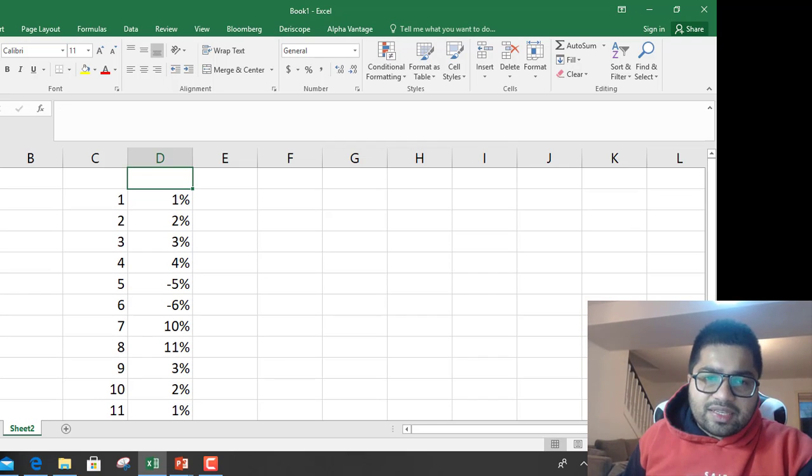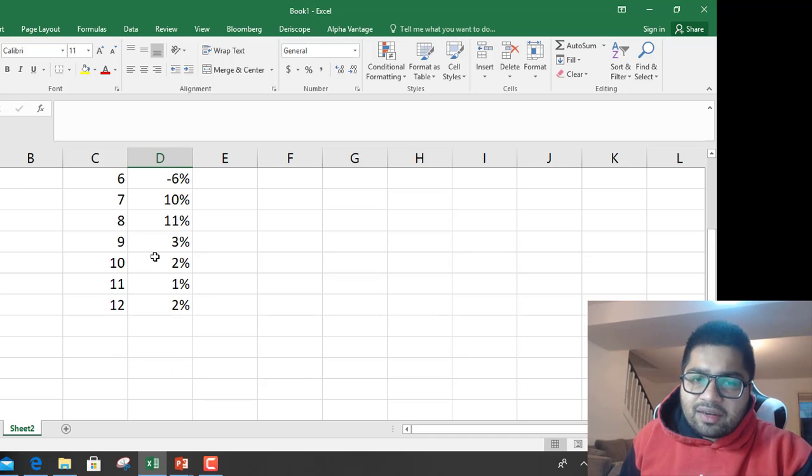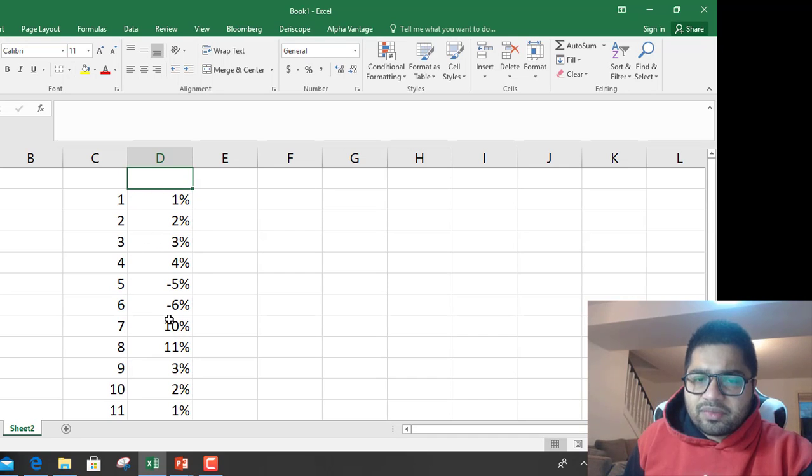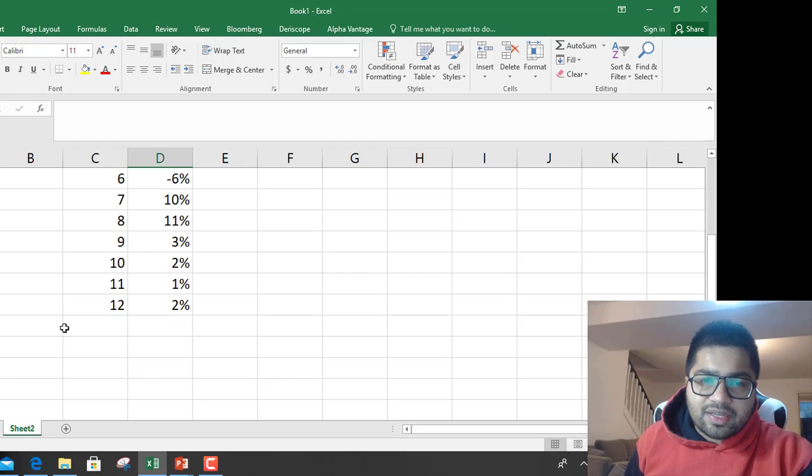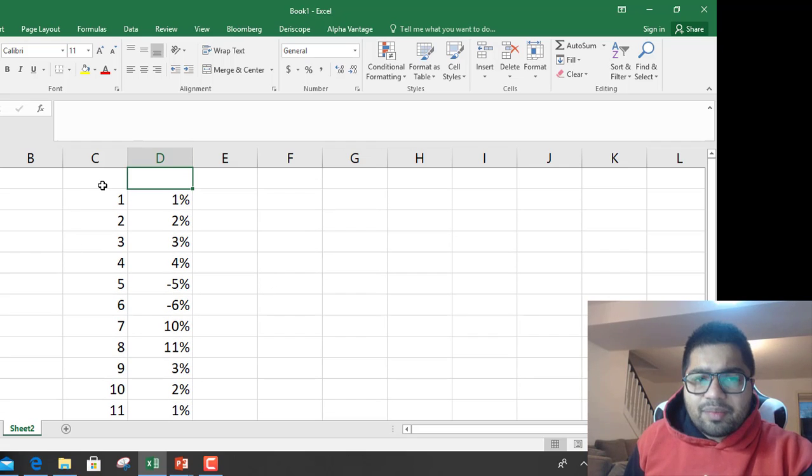So this is what returns are given to you based on different months. The first month it was 1%, the second month it was 2%, 3%, 4%, minus 5%, minus 6%, and so forth. So these are monthly returns.